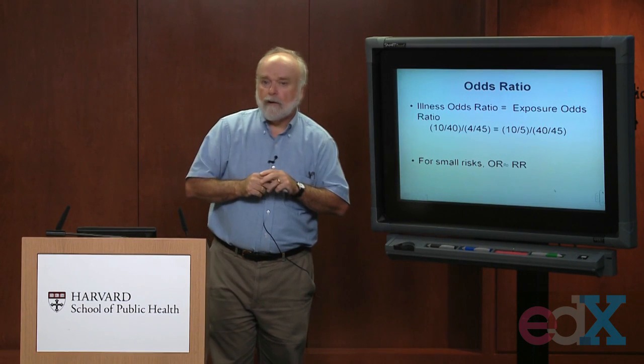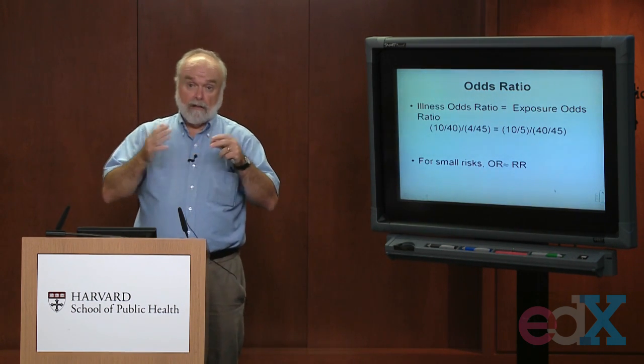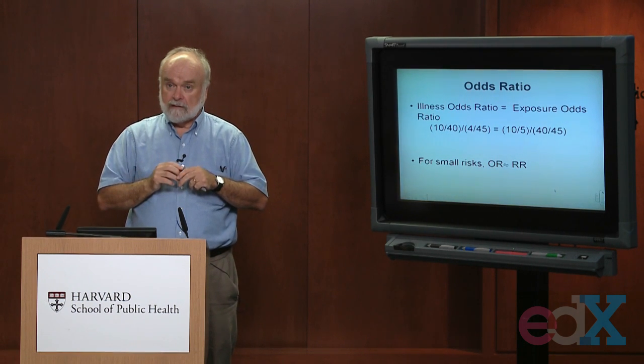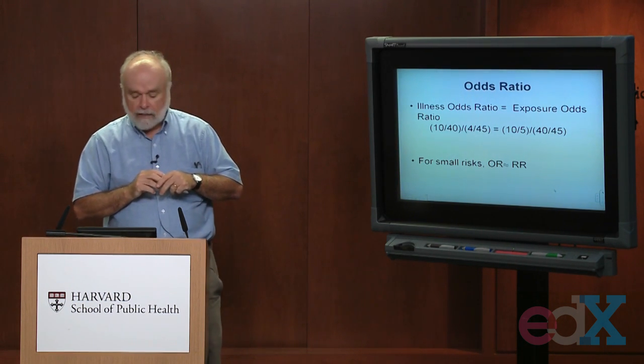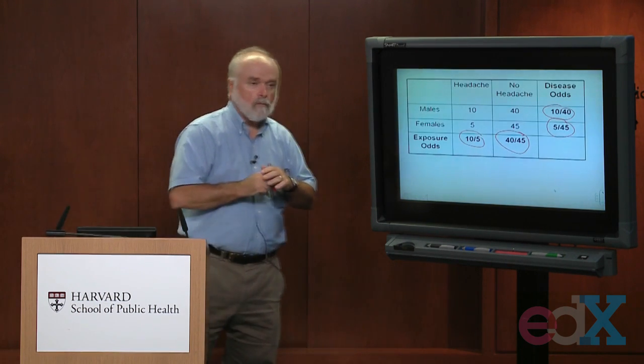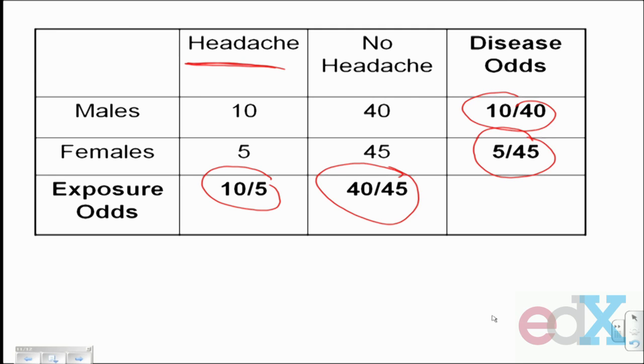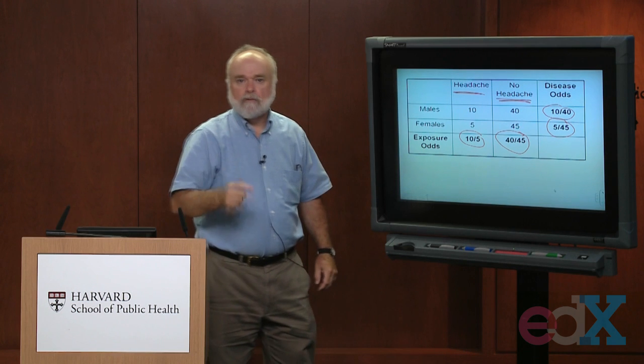Now that's going to be important in a week or so when we talk about study design and when we talk later about case control studies. Because it will turn out that when you do case control studies, if I go back to the previous slide, what we do is we start out with people who already have the disease, already have headaches. We start out with other people who don't have the disease, people who don't have headaches.